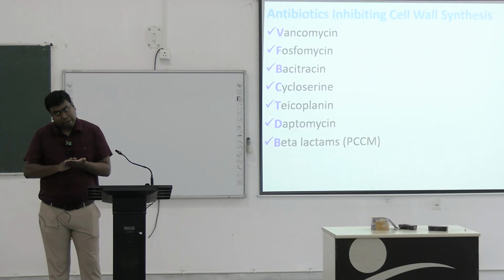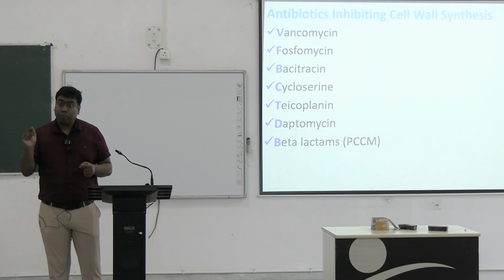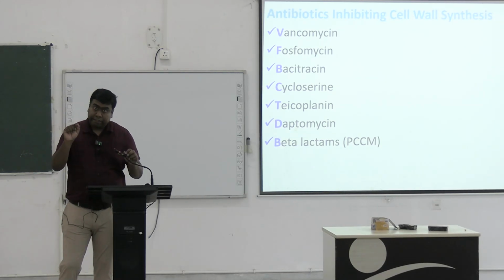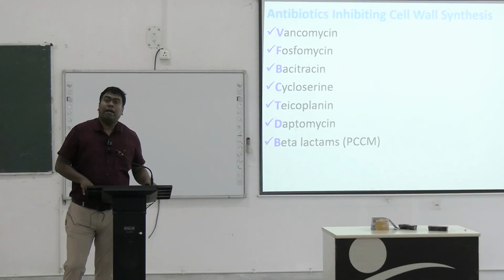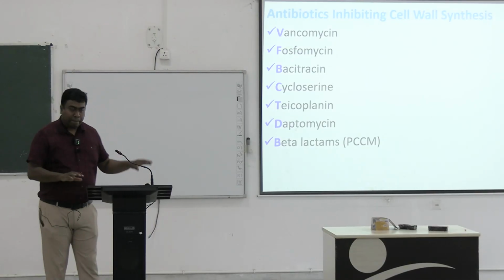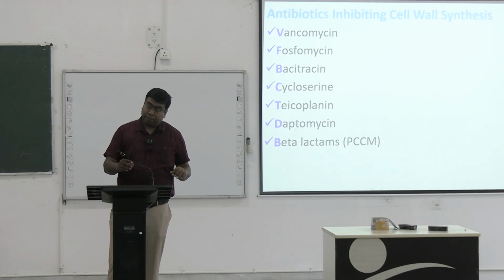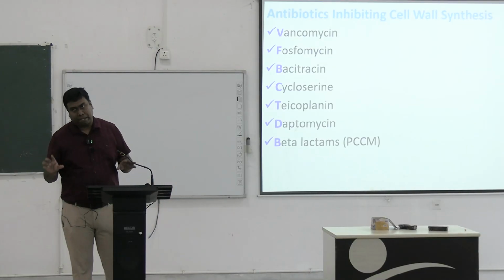Penicillin is a beta-lactam antibiotic acting by inhibiting cell wall. Cephalosporin is the same. Monobactam is the same. But there are non-beta-lactam antibiotics that can also act by inhibiting cell wall. Namely, vancomycin, which is used primarily in MRSA.